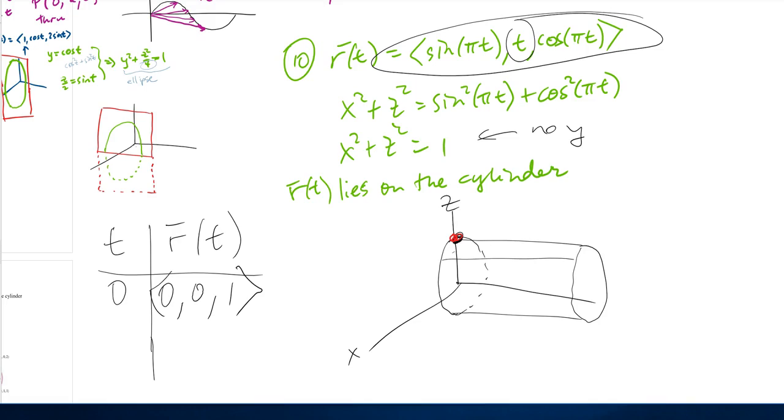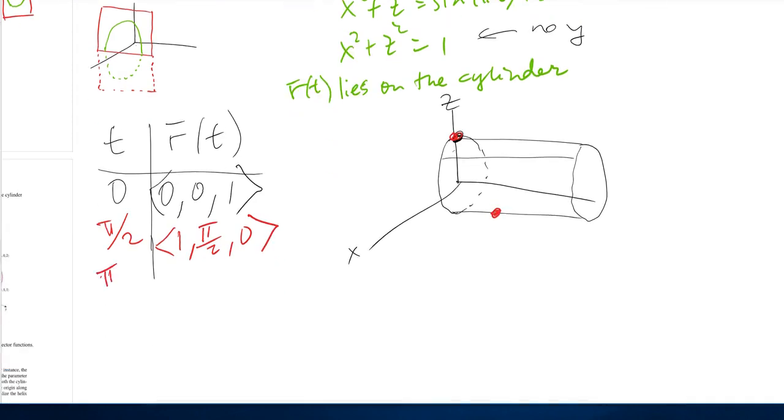And then when t is pi over 2, we get 1, pi over 2, and then 0. So we go out 1, out pi over 2, and up 0. So maybe that's here.